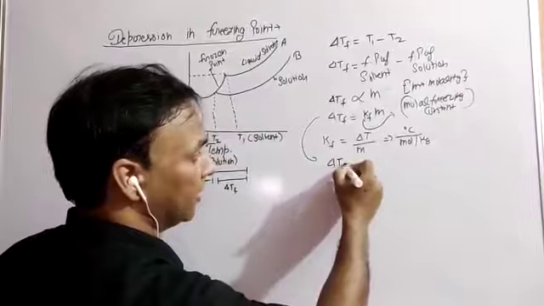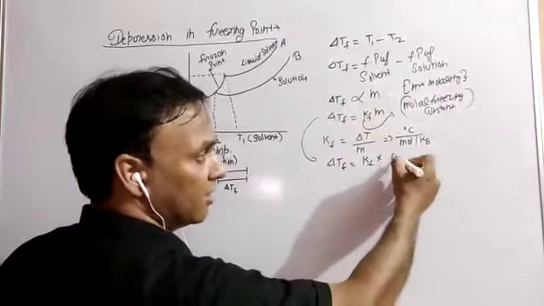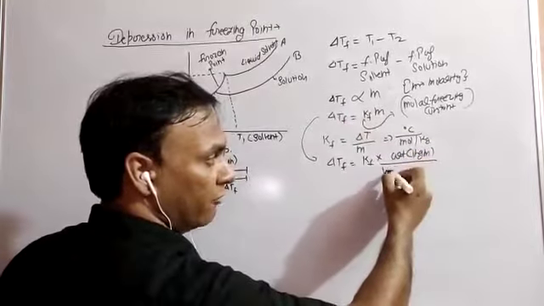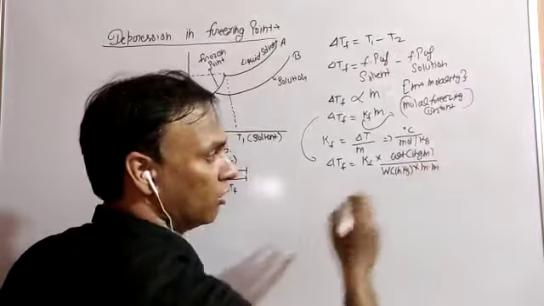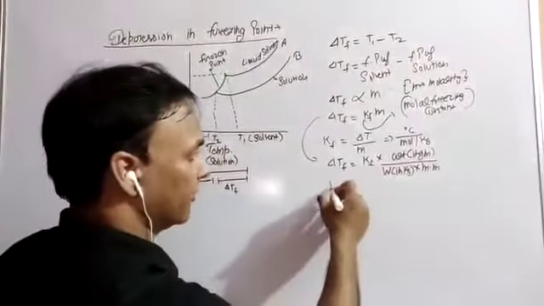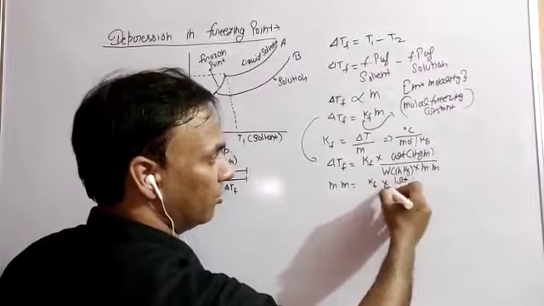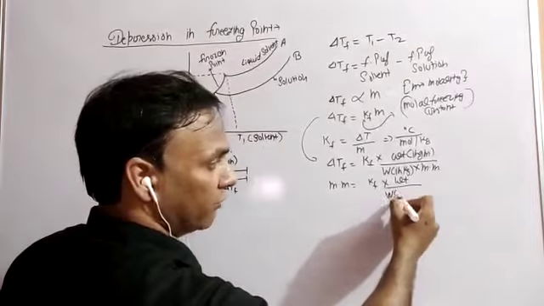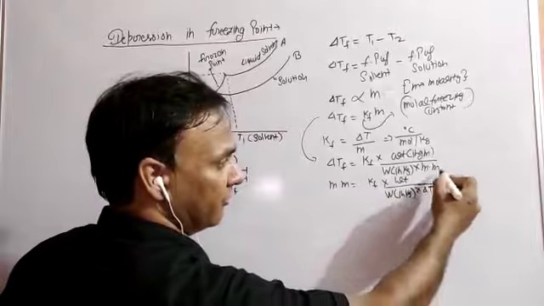Delta TF is equal to KF into molality, and the expression of molality is weight of solute in gram upon weight of solvent in kg and molar mass of solute. So the molar mass is equal to KF into weight of solute upon weight of solvent in kg into delta TF.